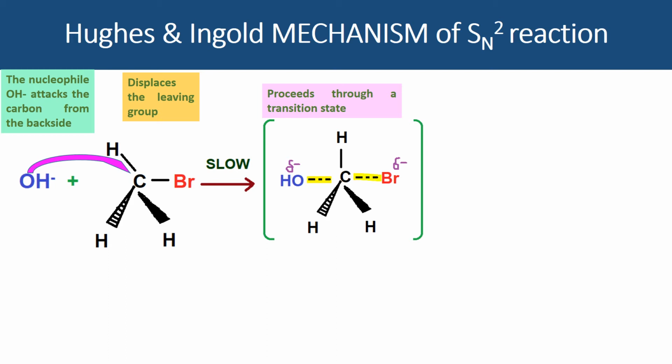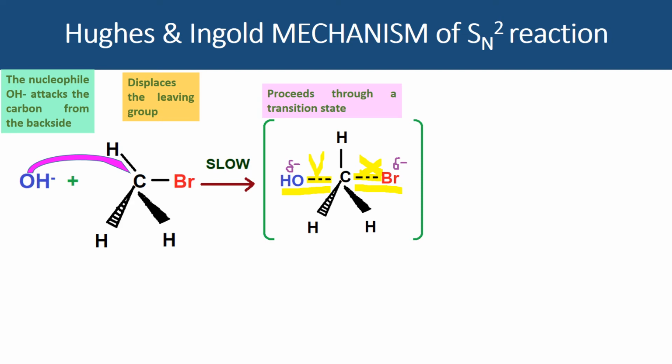So we know the SN2 mechanism is also known as the direct displacement mechanism because bond forming and bond breaking occur in the same step through a transition state. So, it is a state in which the C-OH bond is not completely formed and the C-Br bond is not completely broken.